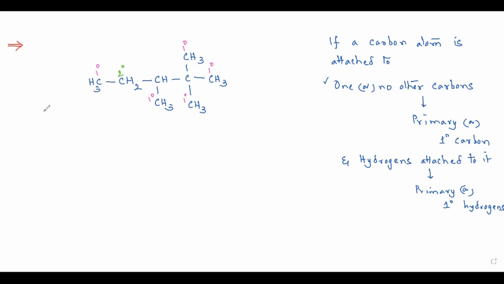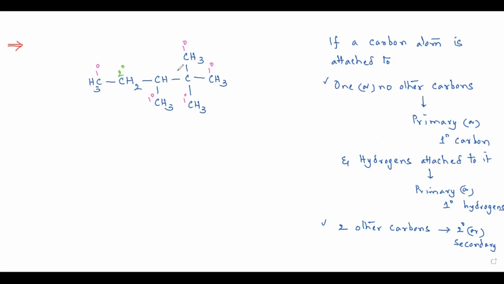Now coming to the other thing. Now check out this carbon. Let me call it a 2-degree carbon because it is connected to one here and another on this side by these two bonds. So if a carbon atom is connected to two other carbon atoms, then we call it 2-degree or secondary carbon. Of course, same as the previous one, hydrogens attached to it are called secondary or 2-degree hydrogens.